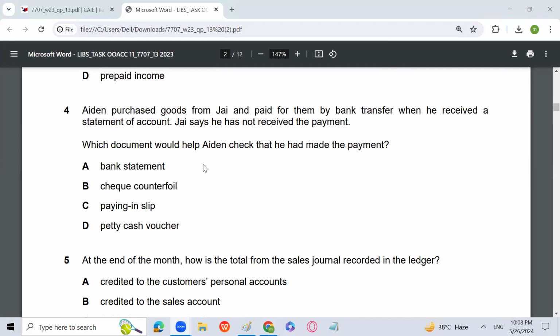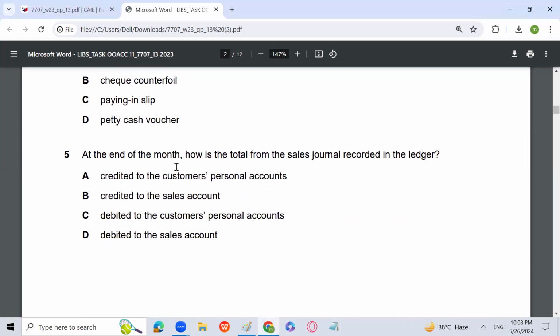Cheque counterfoil, paying-in slip, petty cash voucher, or bank statement. It is going to be the bank statement, because when Aiden sees his bank statement, the transaction will be shown there that he has made the payment to J through the bank. The bank statement is the right answer. This is a business document basically.